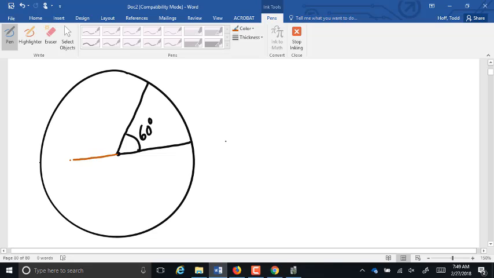I'm going to extend this across to make it a full diameter. Then I'm going to connect this point here over there. First of all, does anybody remember the name for that kind of an angle there with its vertex on the circle? It's called an inscribed angle. Remember, inscribed means vertices on the circle.